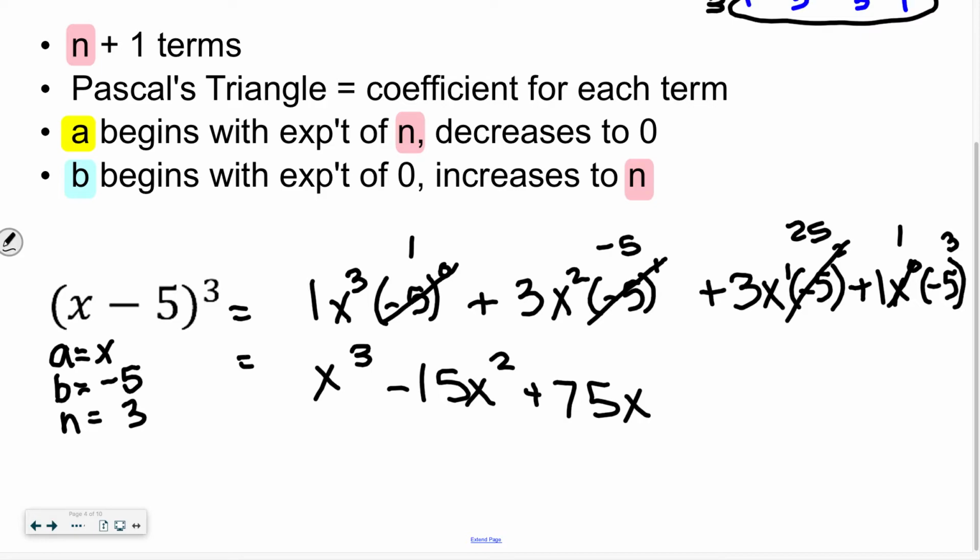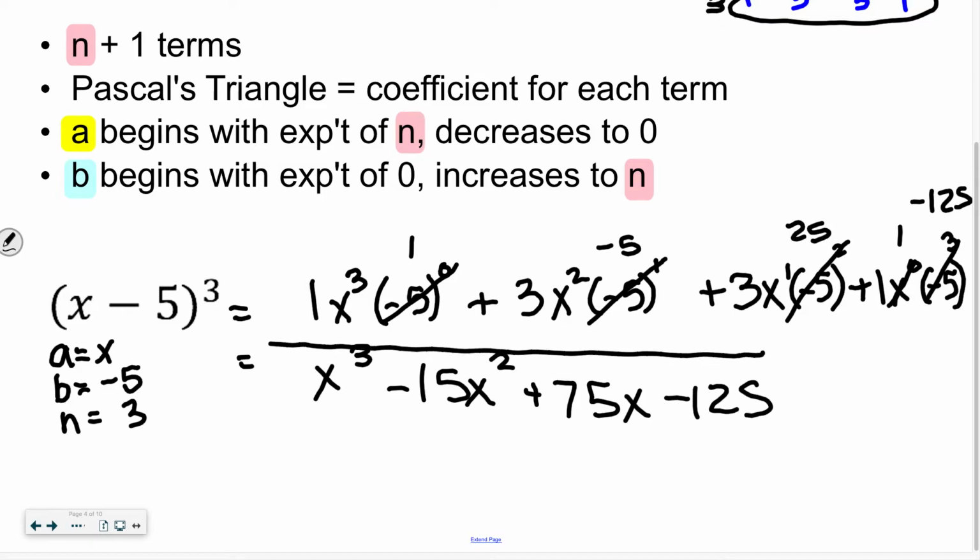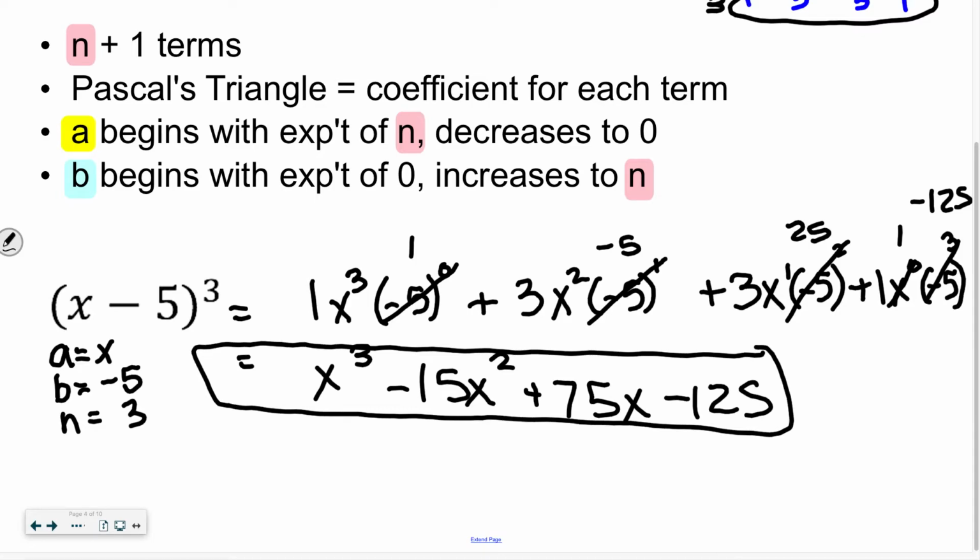Think about 5 quarters, because 5 times 5 is 25. If you have 5 quarters, that'd be $1.25. So this is negative 125. So then we get minus 125. Now, that's the same answer we would get if we wrote out x minus 5 times x minus 5 times x minus 5, multiplied it once, multiplied it again, but this is probably a lot faster.